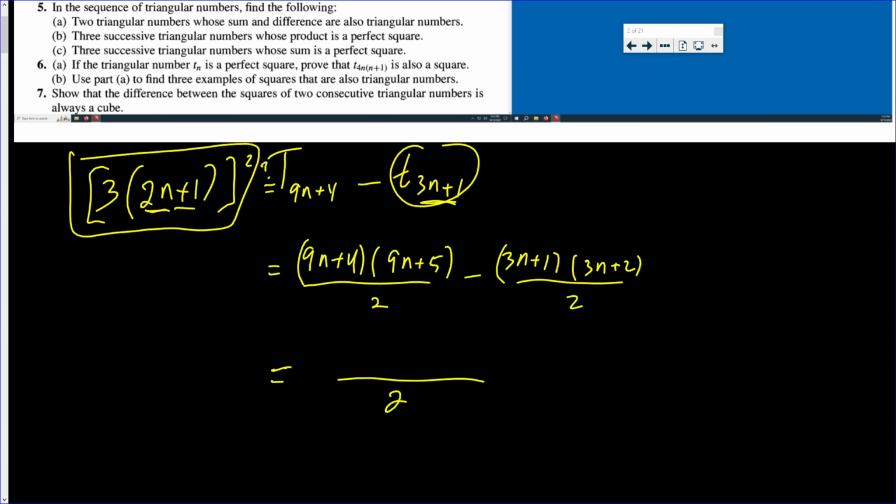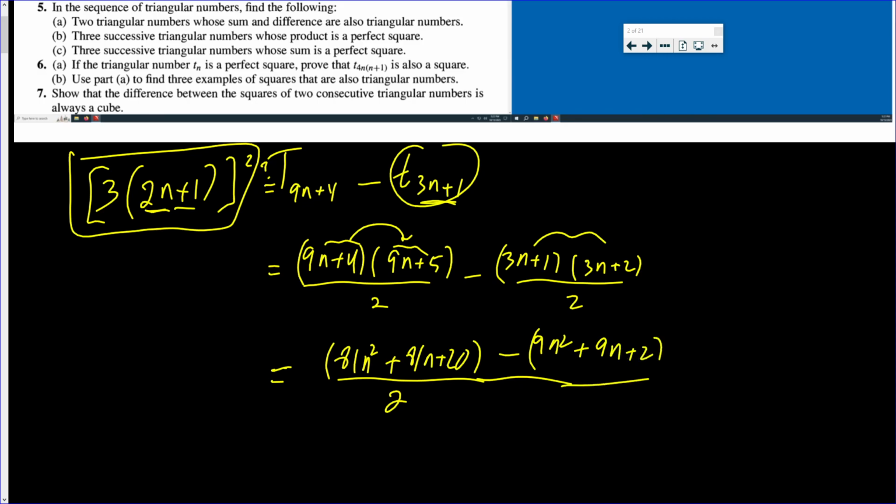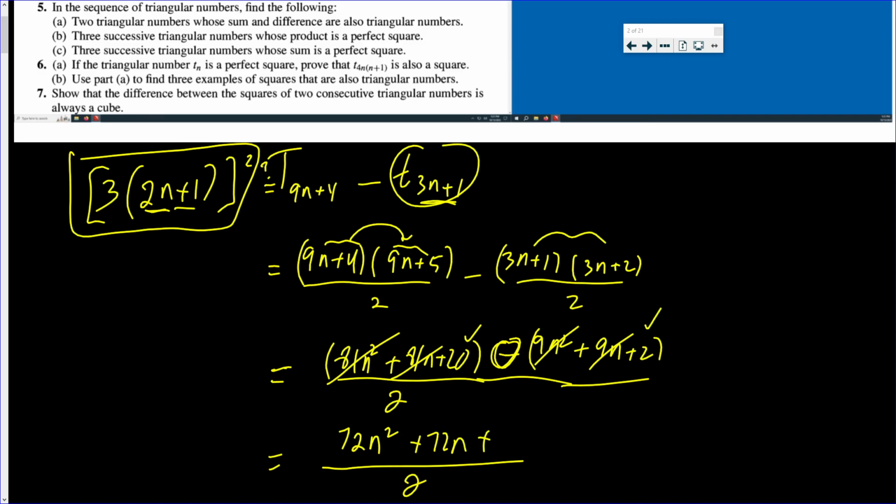If I distribute this, I'll get 81n squared plus 81n plus 20, minus, when I square this, I'll get 9n squared plus 9n plus 2. Everything's over 2. 81n squared minus 9n squared is 72n squared. 81n minus 9n is 72n. And 20 minus 2 is 18.